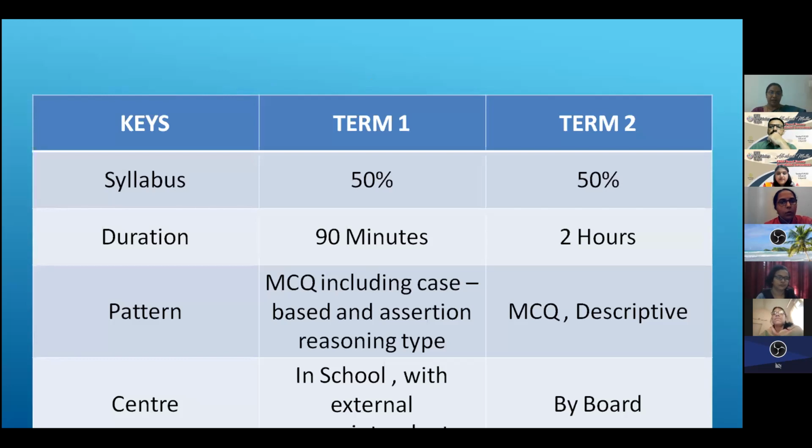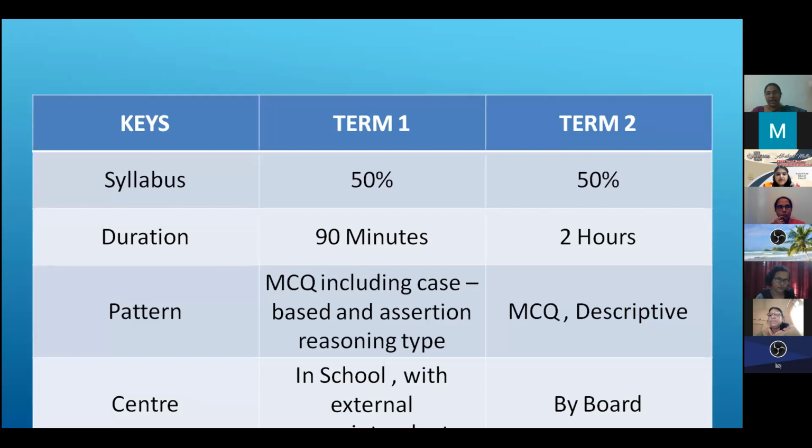Next is the syllabus according to subject, the main subjects. The syllabus for term 1 and term 2 will be 50% each. Half the syllabus will be there for term 1 and half the syllabus for term 2. Duration is given as 90 minutes for the MCQ pattern and 2 hours for the second, the annual examination, that is the board examination.